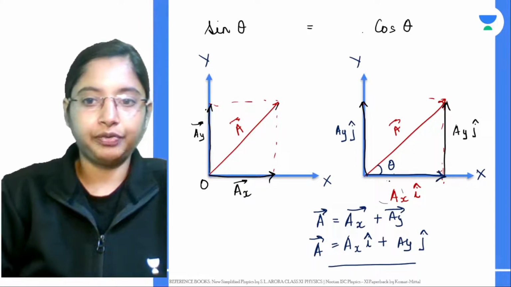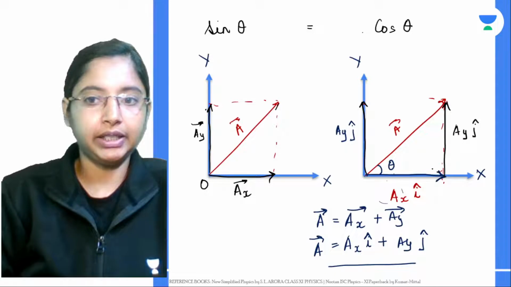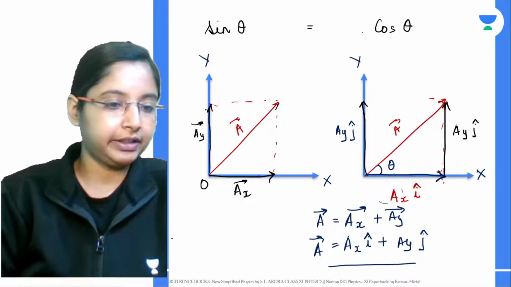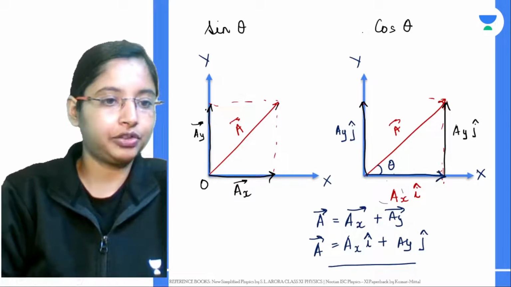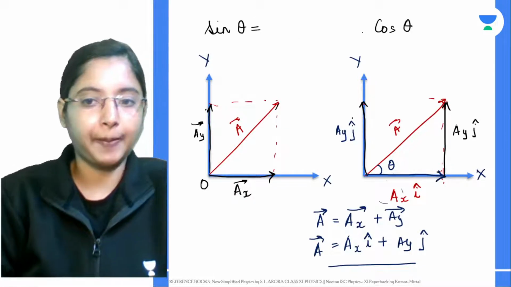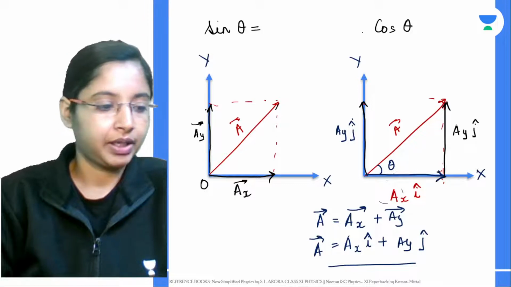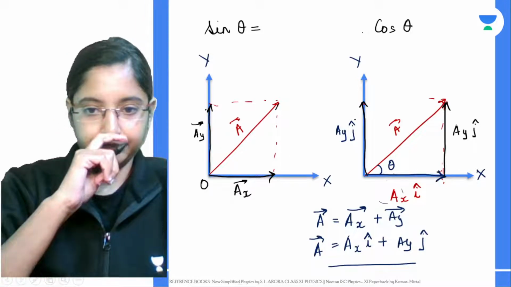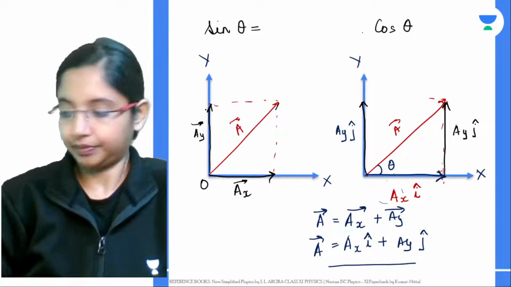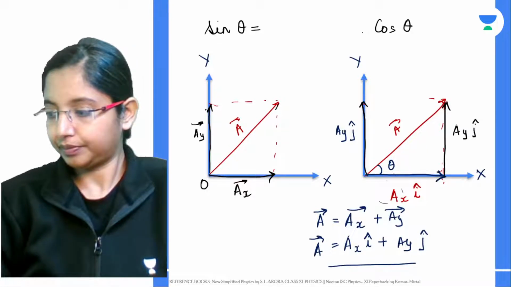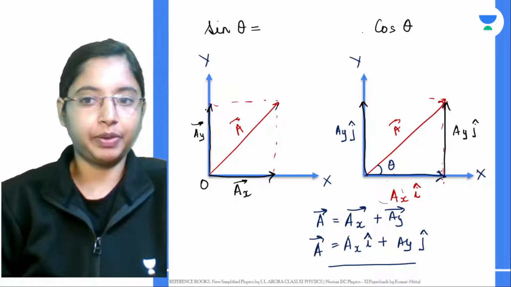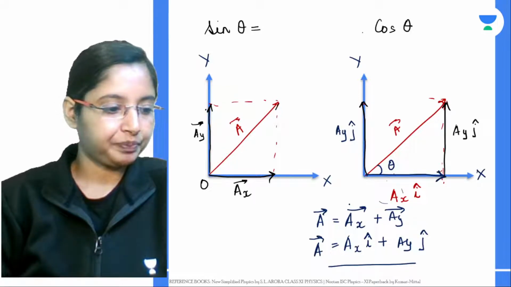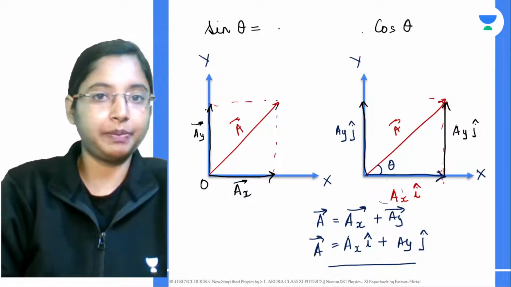Okay. Now we have a triangle over here, right? What will be sine? Sine is given by, that is right, Abhishek, perpendicular by hypotenuse.